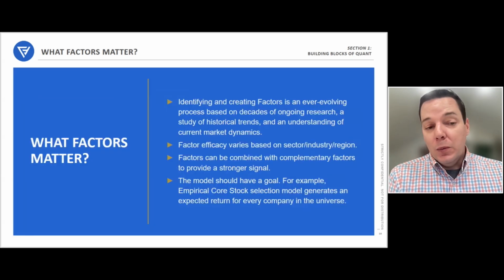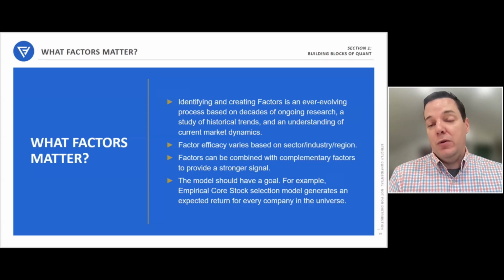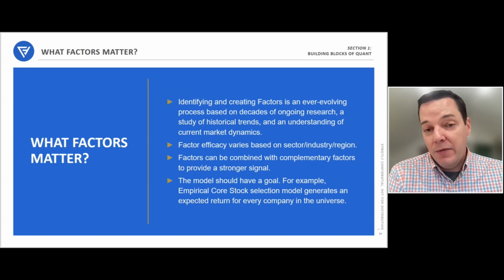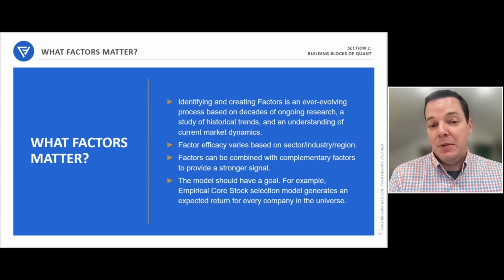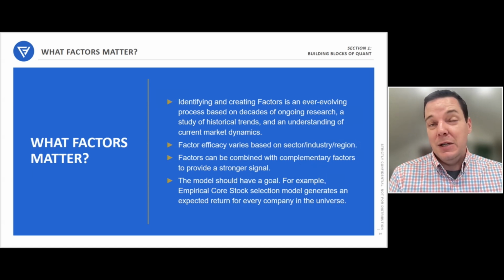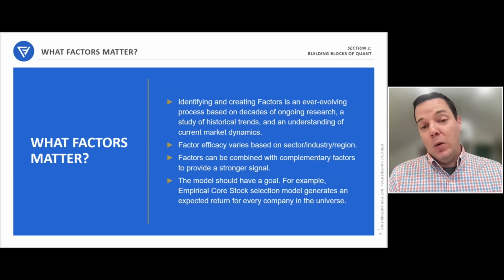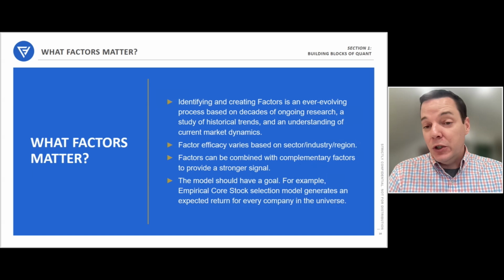All right, so what factors matter? Just looking at creating and identifying factors, this is something, like I mentioned before, it's an ever-evolving process. If we were to utilize the same models that Empirical started off with back in 1992, they wouldn't have the same efficacy, right? The market has adapted, the market has changed. Some of that efficacy can ultimately be altered by accounting changes, or it can be altered by regulatory changes.